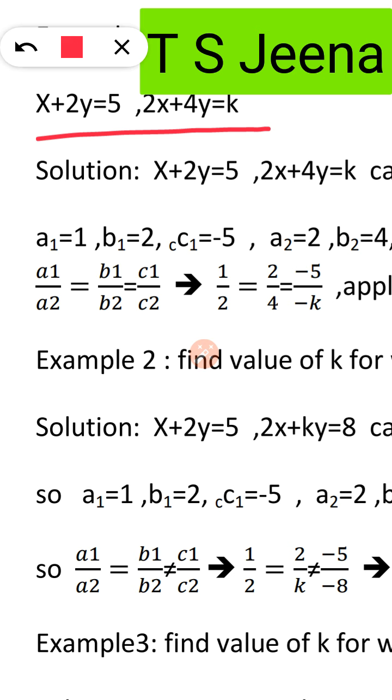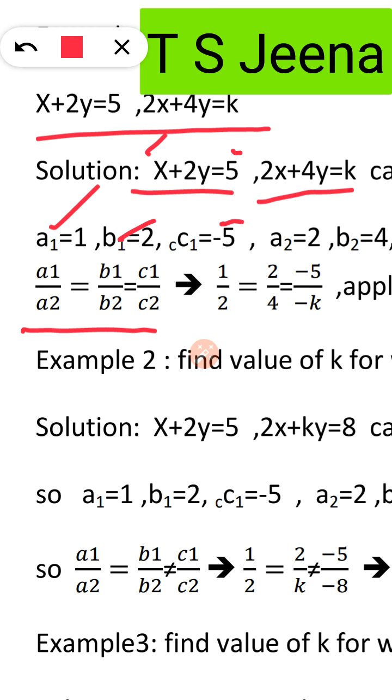The equations are x plus 2y plus 5 equal to 0, 2x plus 4y equal to k. Because infinitely many solutions are there, it is given in the question, definitely this condition will hold. a1 value will be 1 because there is no coefficient written with the x variable. b1 is 2 and c1 is 5.